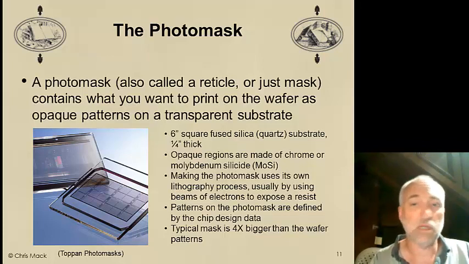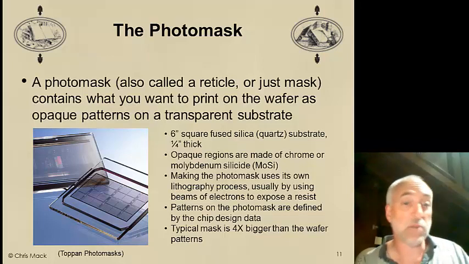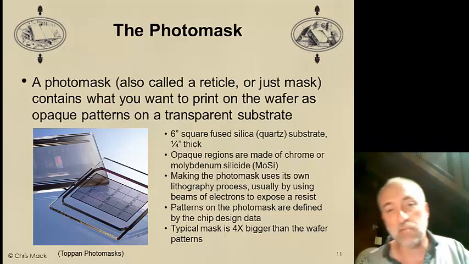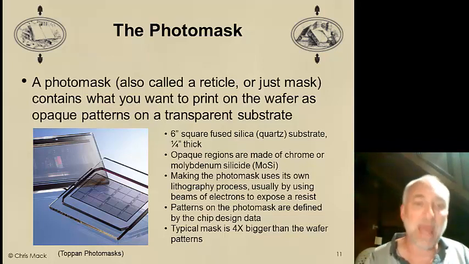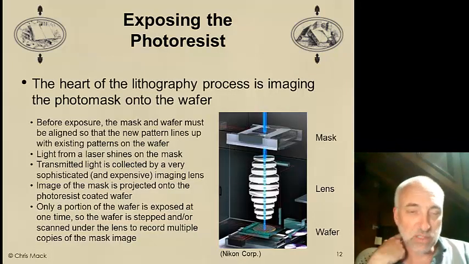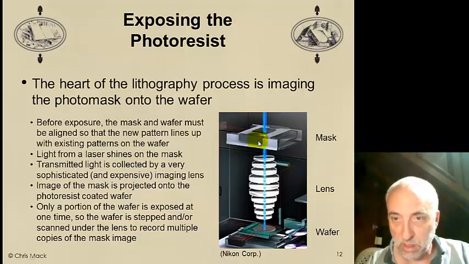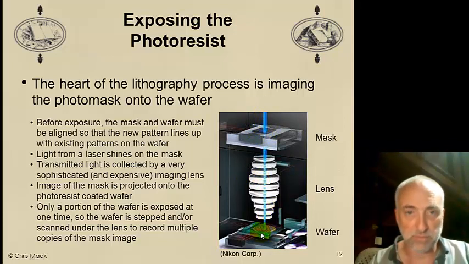The patterns on the photomask are defined by the design of the chip that we're trying to make, and that design is then printed on the mask, and we'll use the mask to print on the wafers. The mask is loaded in our scanner, say up here, and then we shine light through the scanner, which then goes through a lens and exposes our wafer.